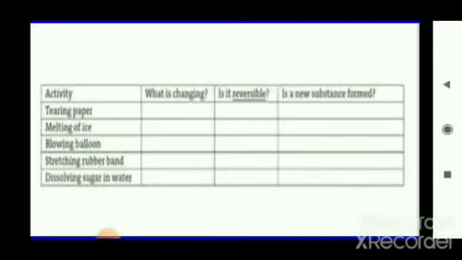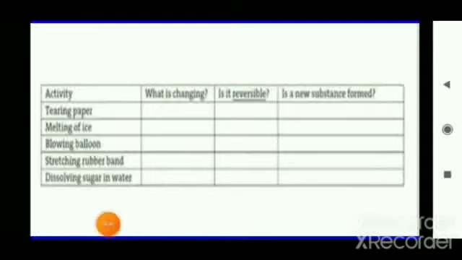It is a reversible process, right? When ice melts, it becomes water, right? And when we freeze that water, it can again become ice, right? So you can say that it is a reversible process. Clear?